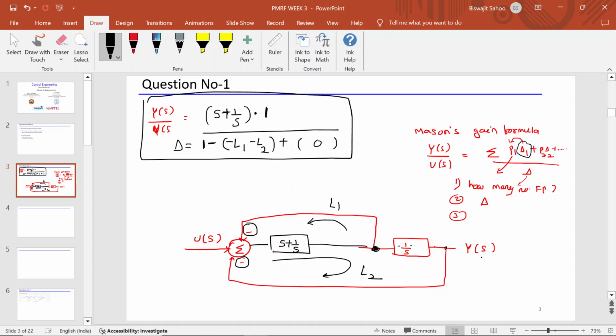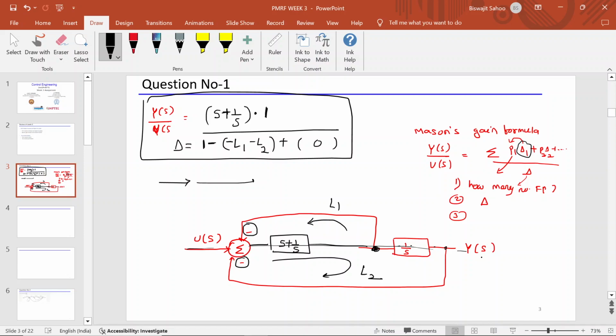Sir, what is the forward path and backward path? Forward path means where the arrow goes from input to output. See here, the arrow is going up to this Y of s. So this is called a forward path.